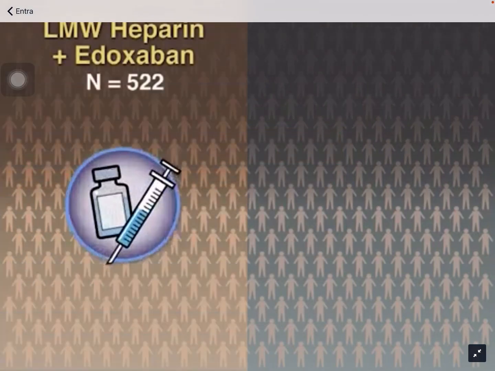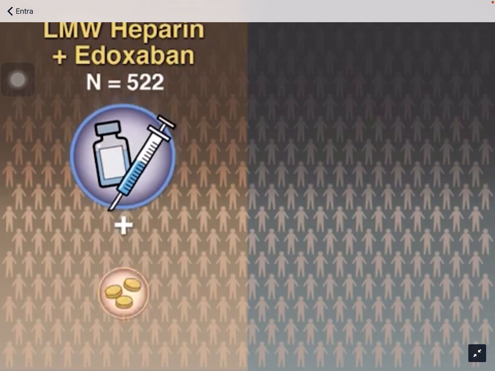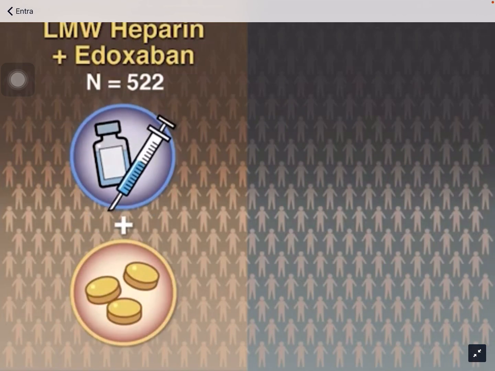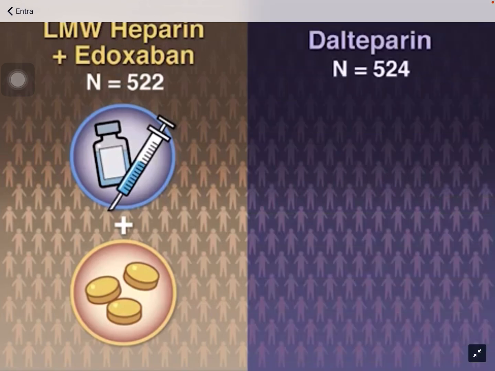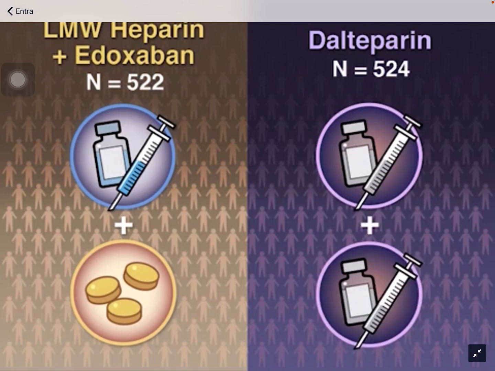One group was treated with subcutaneous low molecular weight heparin for at least 5 days, followed by 60 milligrams of oral edoxaban once daily. The other group received 200 IU of subcutaneous dalteparin per kilogram once daily for 1 month, followed by 150 IU per kilogram thereafter.